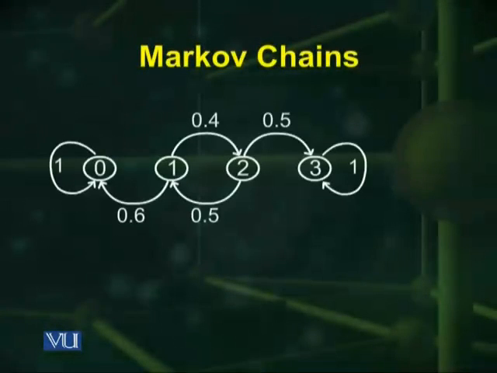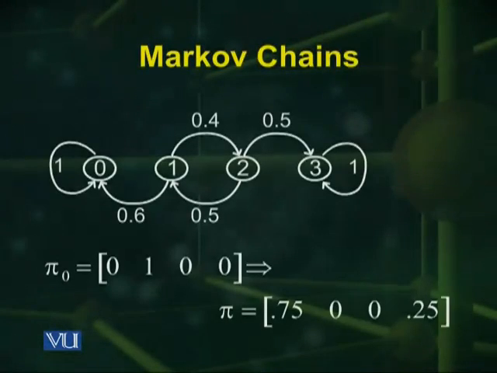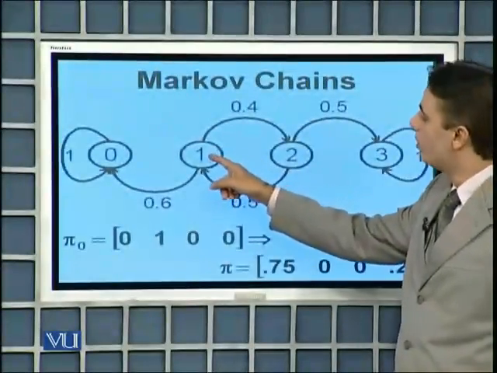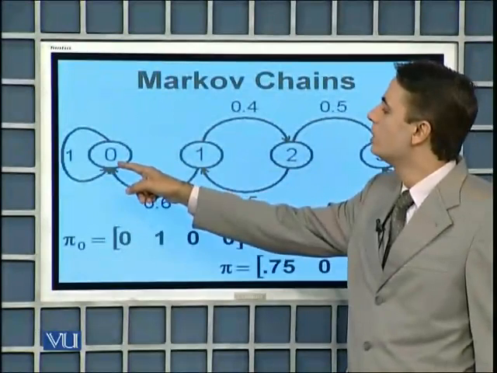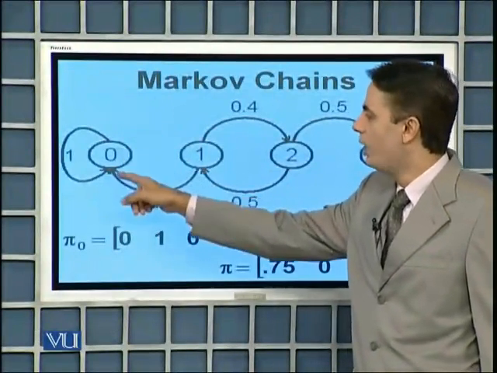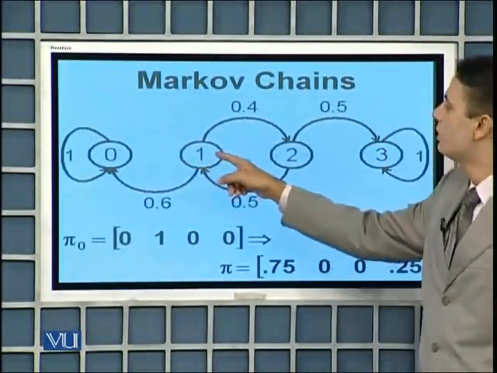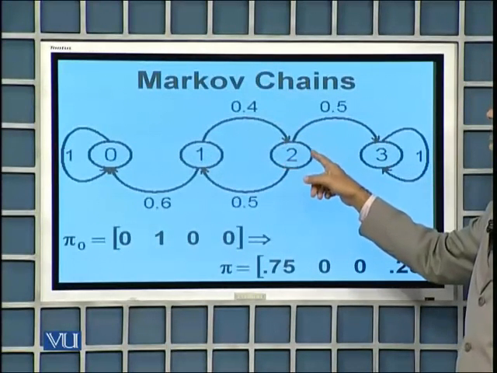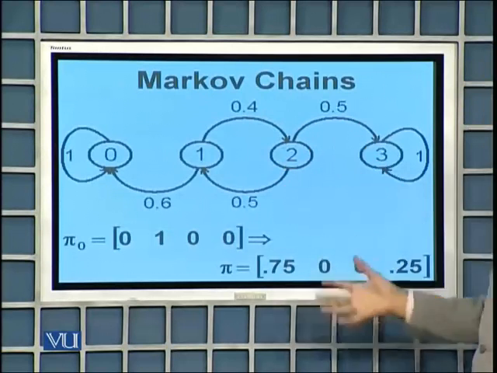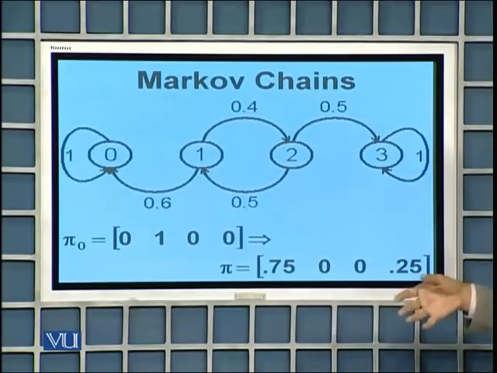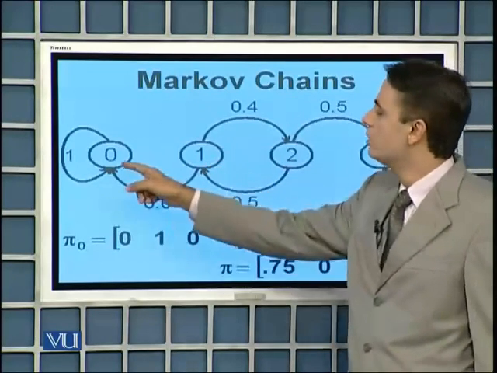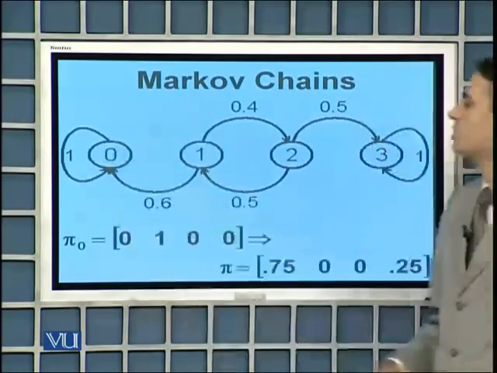This is evident from the state transition diagram. If we start in this state, with probability 0.6 we are going to end up here in just one step, and with probability 0.4 we are going to end up in state 2 in one step. And then as the Markov chain evolves, there is more probability that we'll go from here to here and then to state 0 and get trapped.